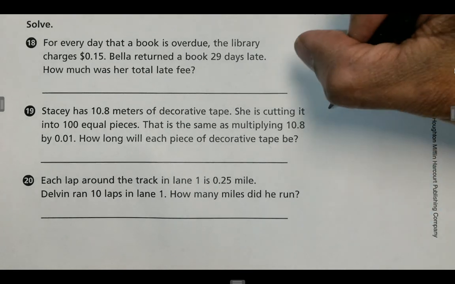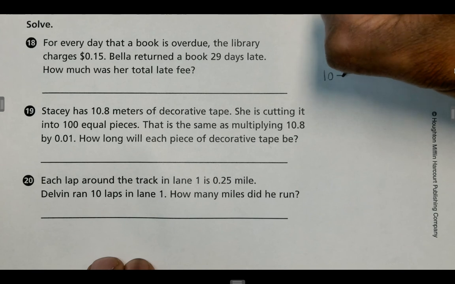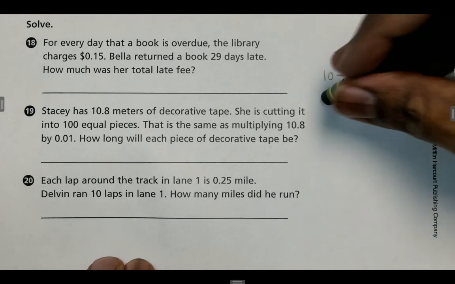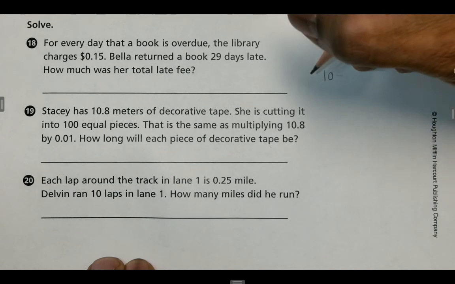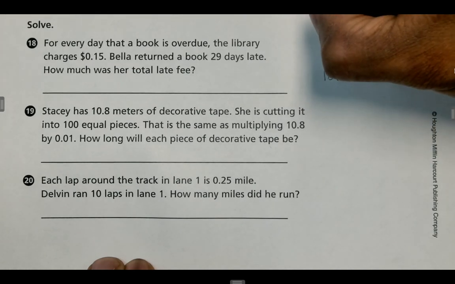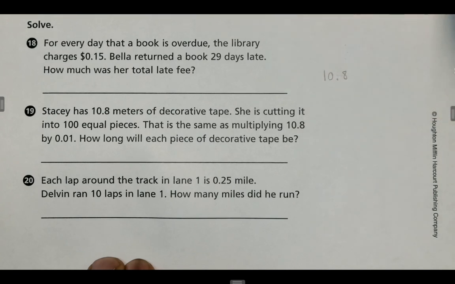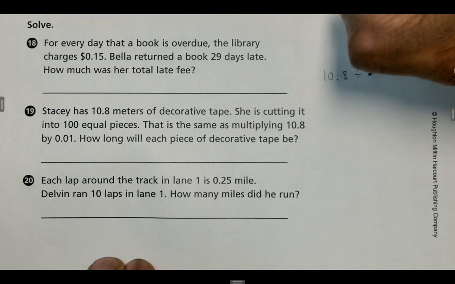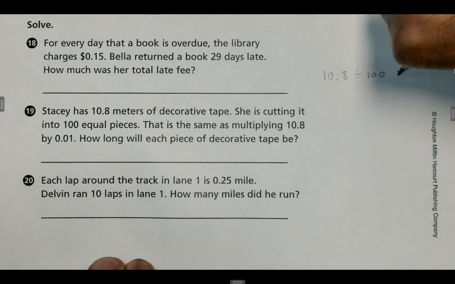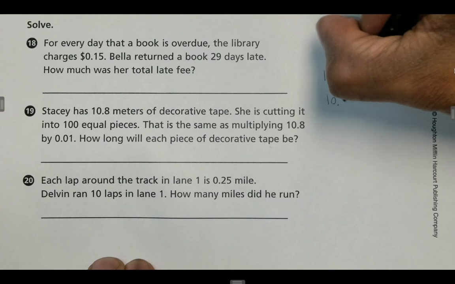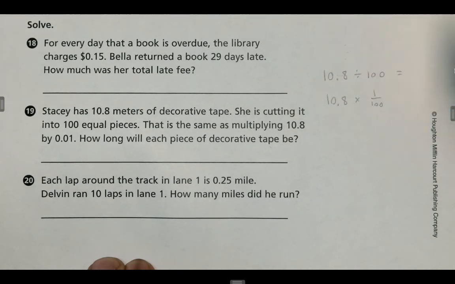So I don't want to overcomplicate this, but I want to break down how this information is being presented to you. Think about the relationship between division and multiplication. In a sense, they're opposites, aren't they? So if we're taking 10 and 8/10 meters and dividing it into 100 equal pieces, well, that is the same as taking 10 and 8/10 and multiplying it by 100th.